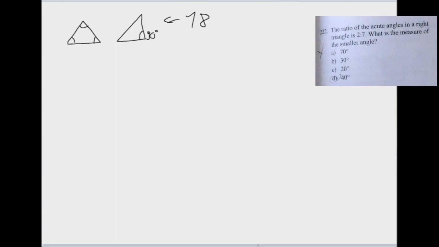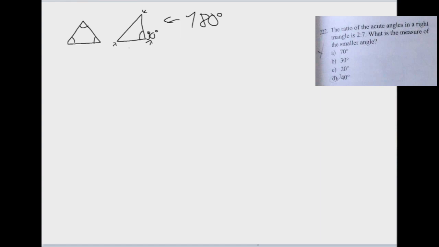The triangle has 180 degrees total, which means these 90 degrees that we have already consumed are 50% of what the triangle has to offer with degrees.